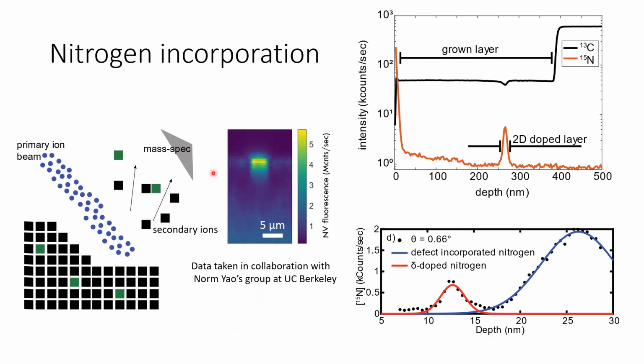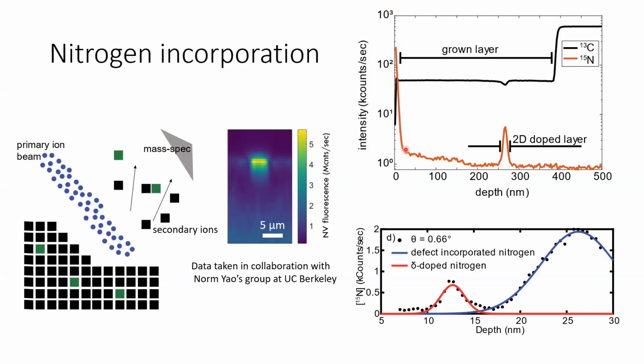Then you do mass spec on whatever comes off of this secondary ion beam from your sample. Because the primary ion beam blows up bits of your sample, if you do this as a function of depth, going deeper into the diamond, you get the elemental concentration as a function of depth. Shown over here is one such SIMS plot.